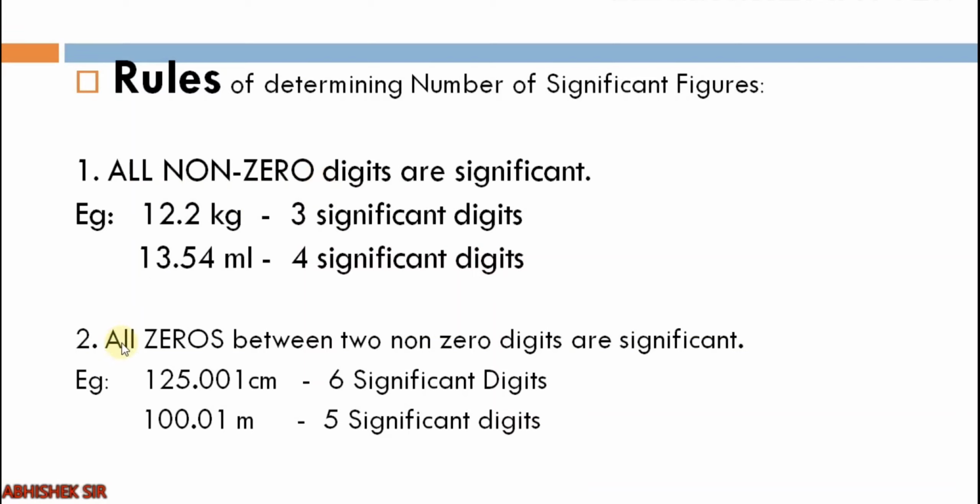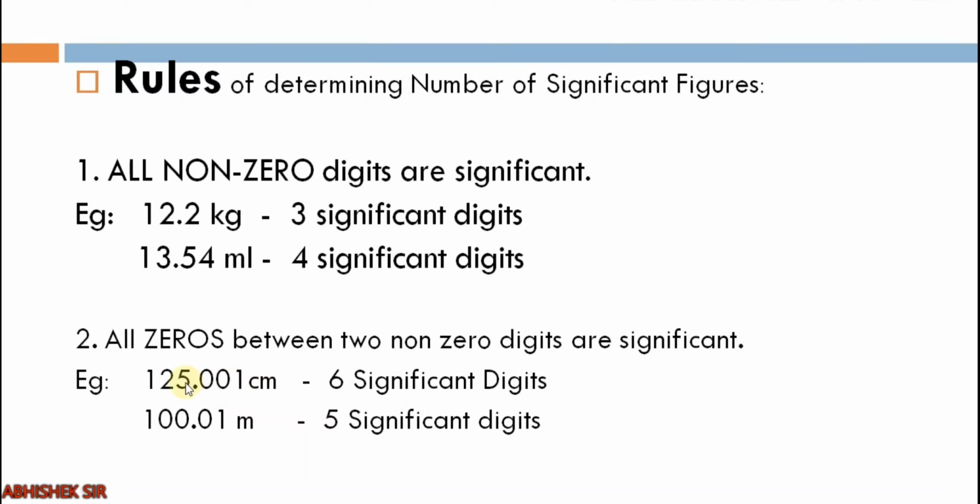Next rule: all zeros between two non-zero digits are significant. The zeros between two non-zero digits are important, they must be counted. The example here is 125.001.